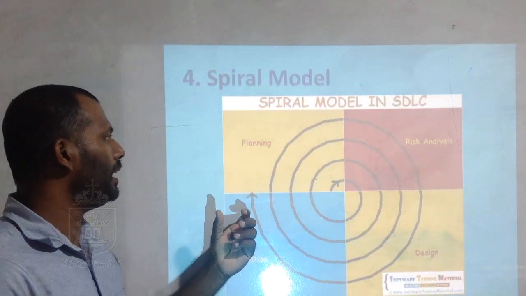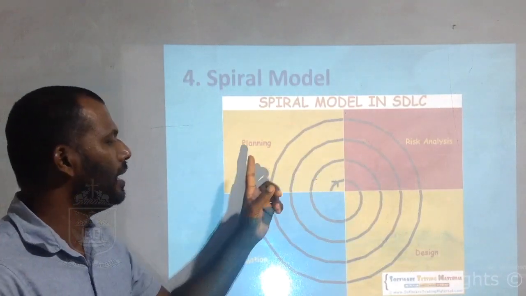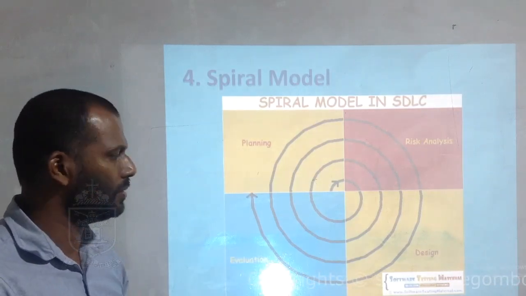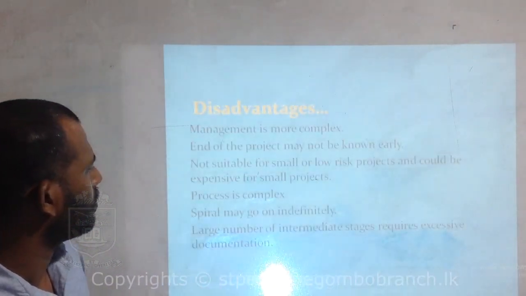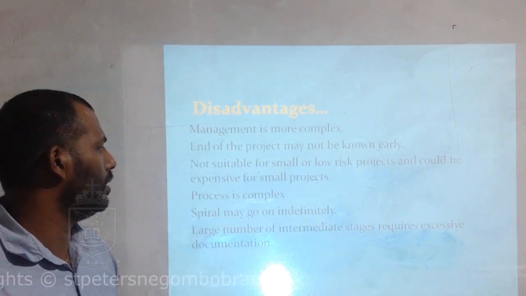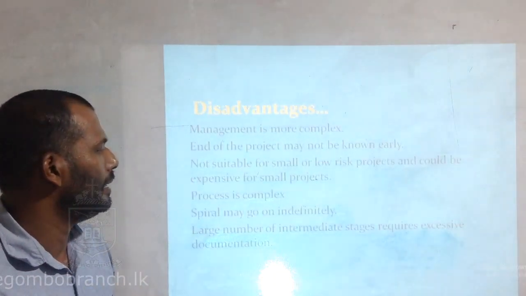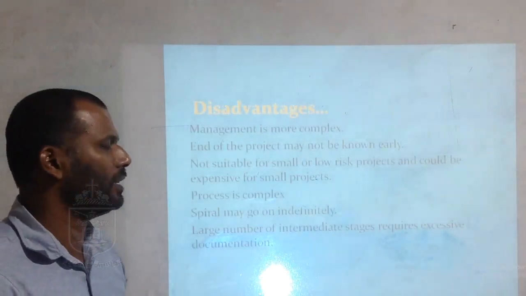Once you identify a requirement, plan it, identify the risk and complete it, then it goes on never ending. That's why it has incremental requirements. A large number of intermediate stages require excessive documentation.